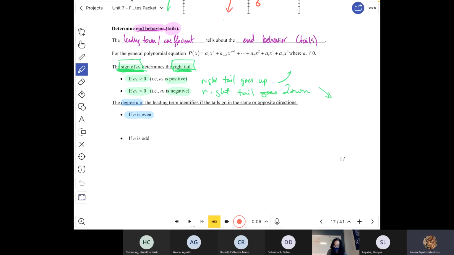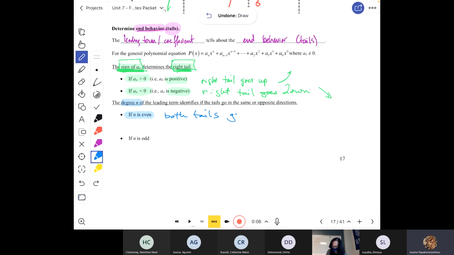If n is even, both tails go in the same direction, in other words, have the same end behavior. That means they either both go up or they both go down.